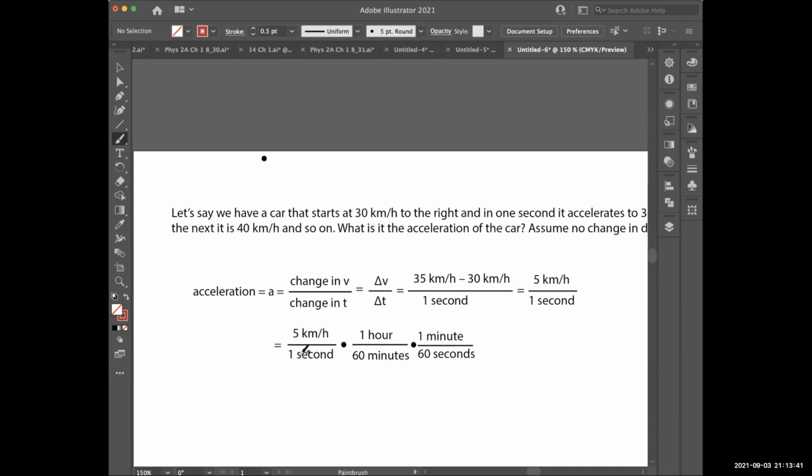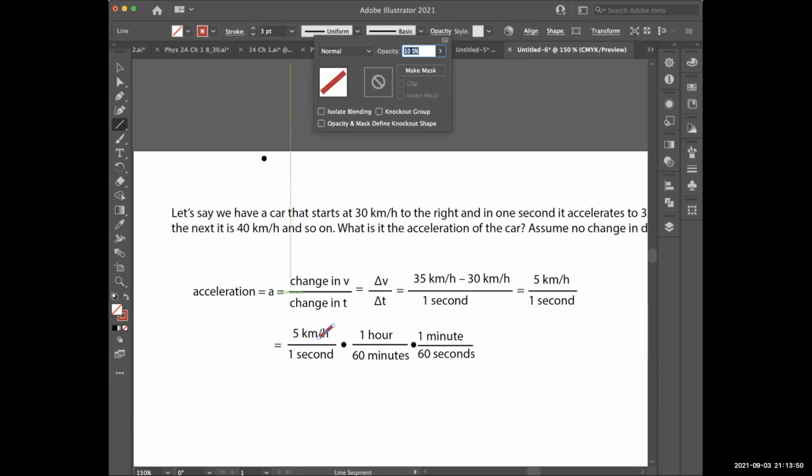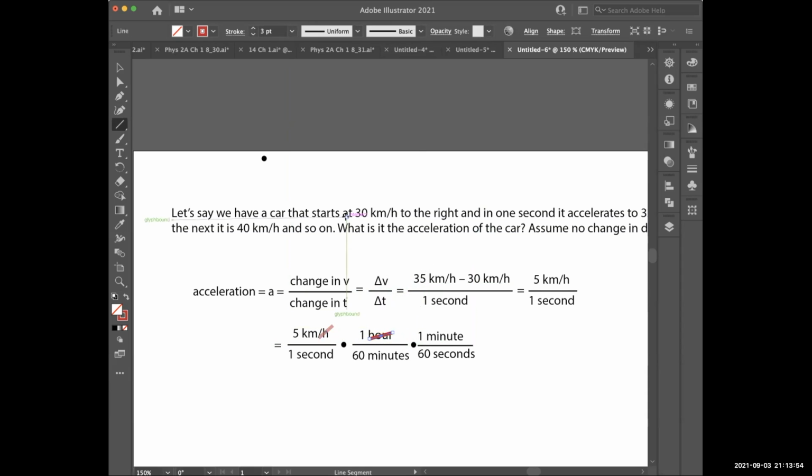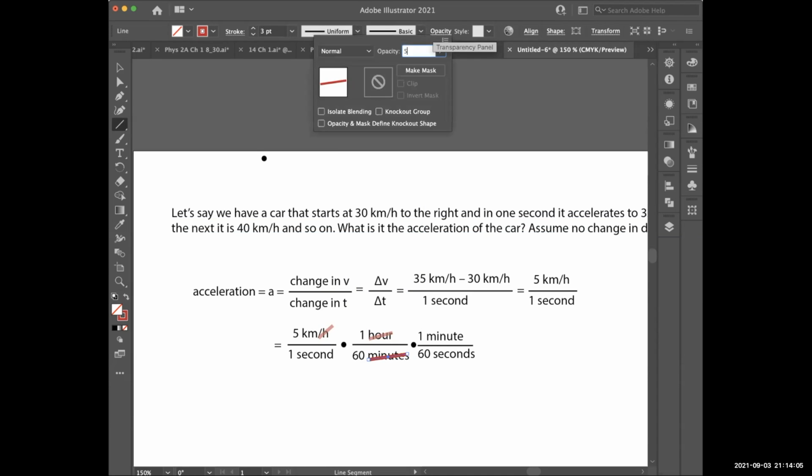Actually, let me do it like this instead. So this is going to cancel out this, and then this is going to cancel out this.